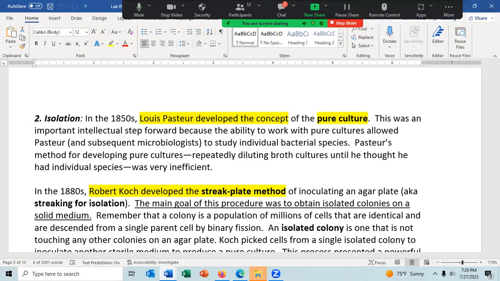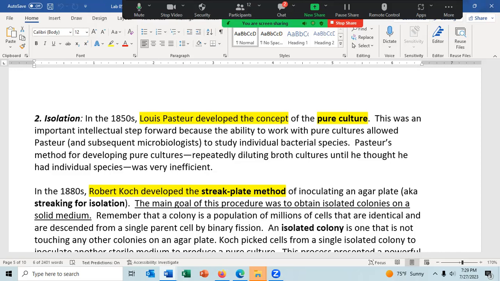If you only streak 1 time for isolated colonies, only 70% of the colonies are pure, and 30% were started by 2 or more cells, and 70% is not high enough to work with in microbiology.